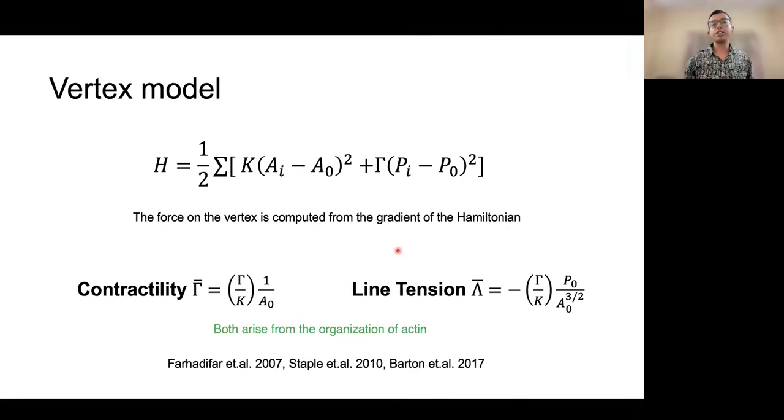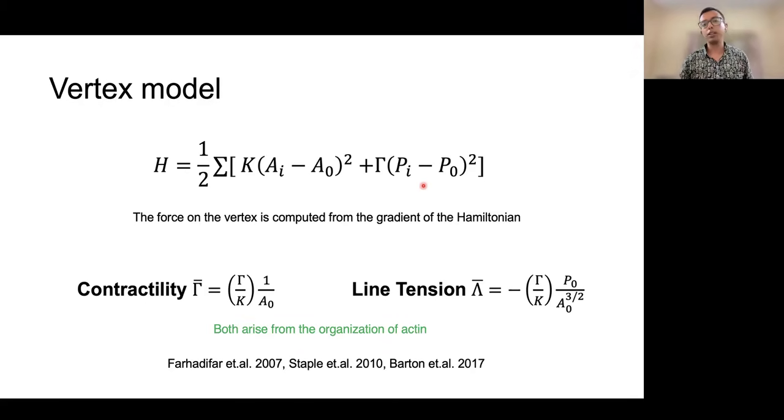As I've been telling you, the Vertex model is the model of our choice. The Vertex model has an energy function which has four parameters: the bulk modulus K, the preferred area of the cells A naught, the perimeter modulus gamma, and the preferred perimeter P naught. A_i and P_i are the area and perimeter of the ith cell, and the sum over all the cells gives you the total energy of the system.